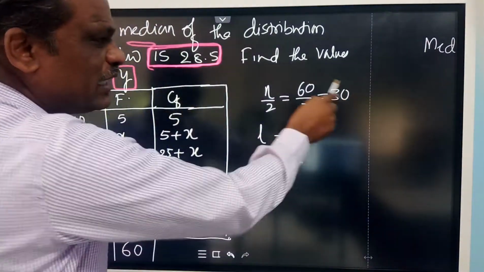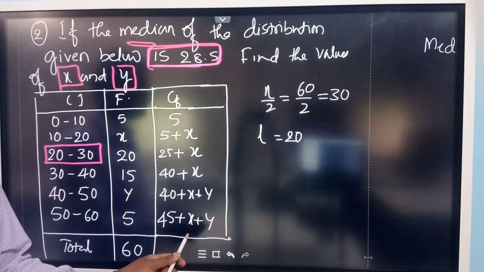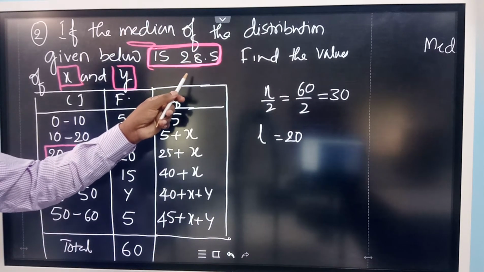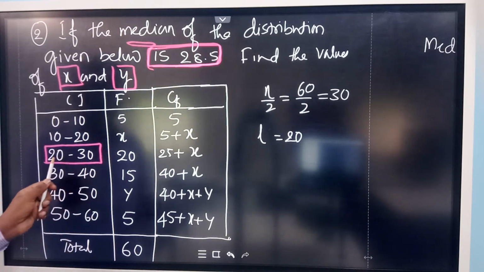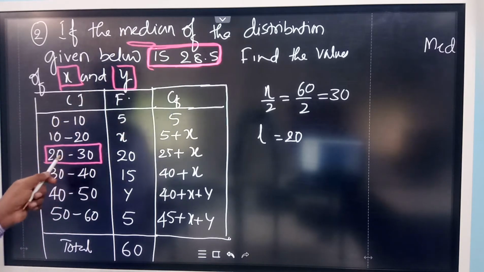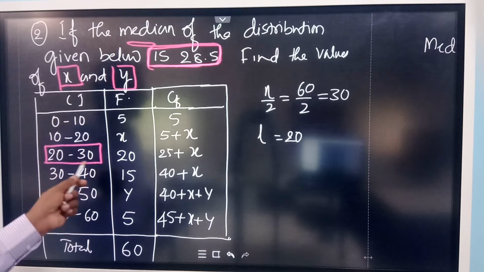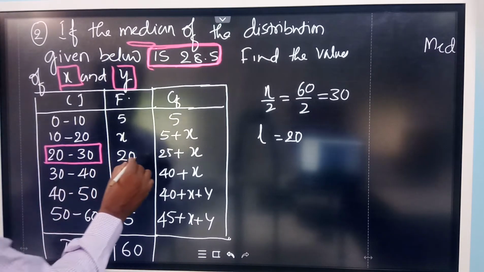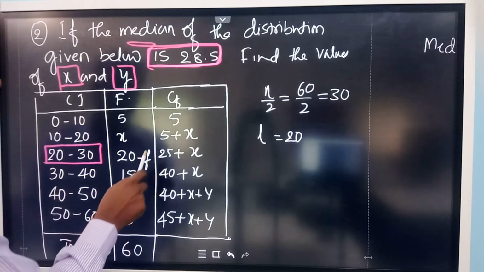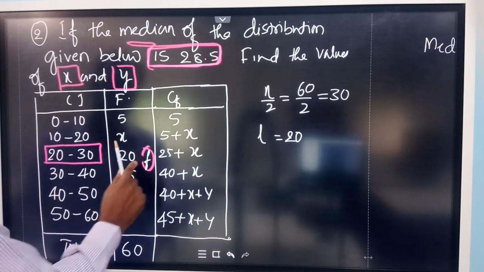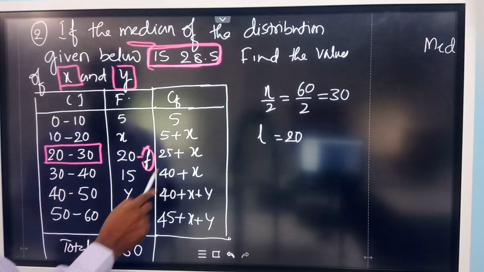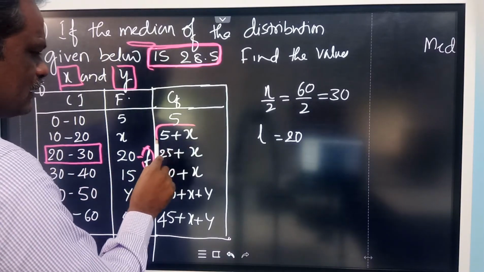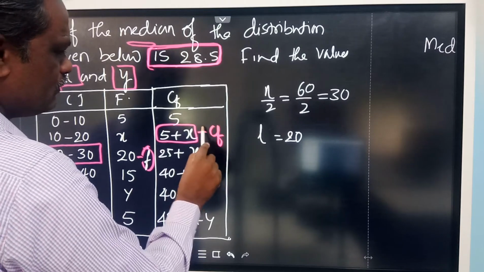By using the table you cannot identify it because the variables are there, so you can choose the median class by seeing the answer given in the question itself. The corresponding frequency here is F, and the previous class interval gives CF.